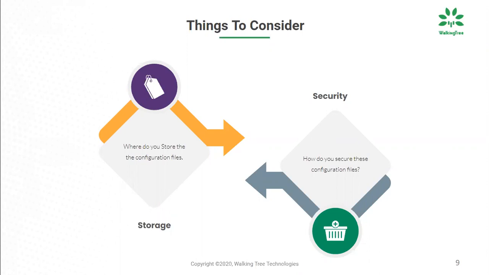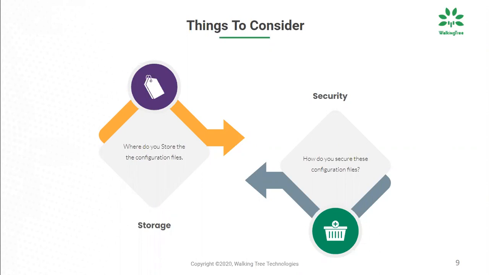So when you are externalizing your configuration variables, you need to be clear on where you are storing them and how secure they are. Security could be anything. You may still like to store it in the code base itself as a separate variable or separate properties file.